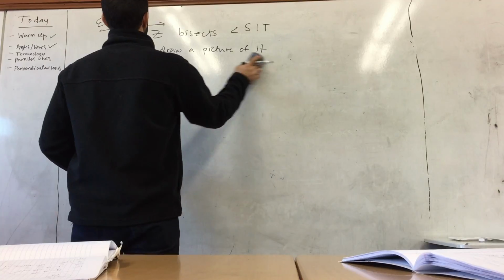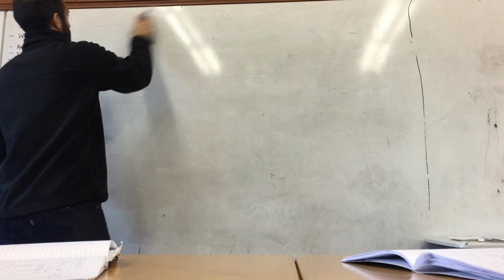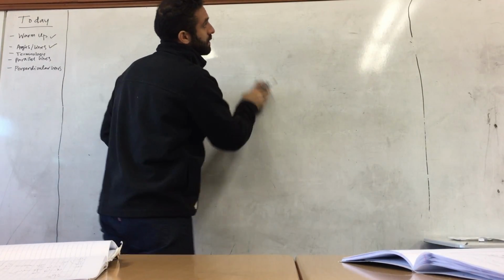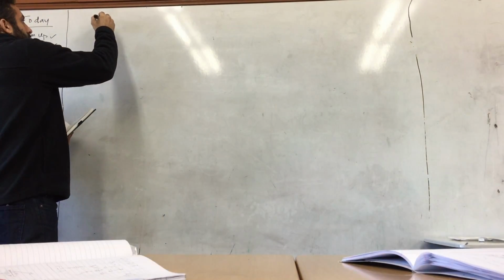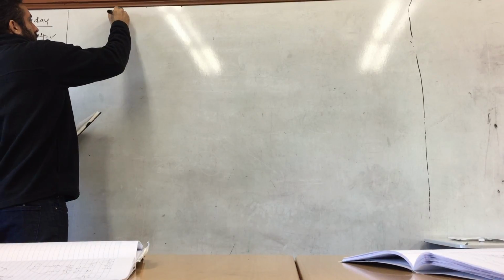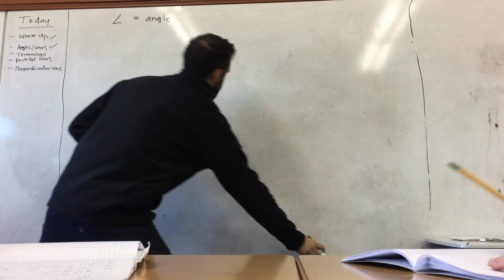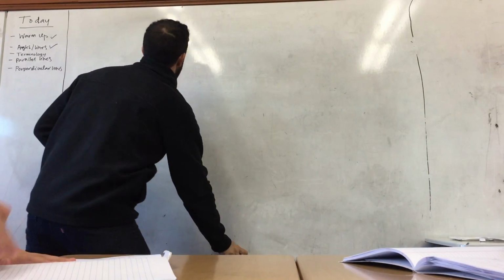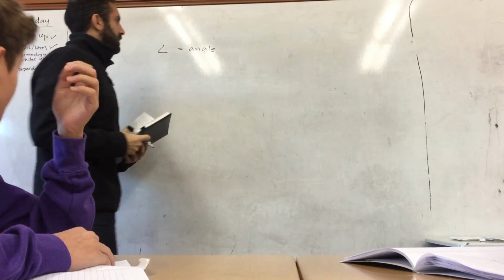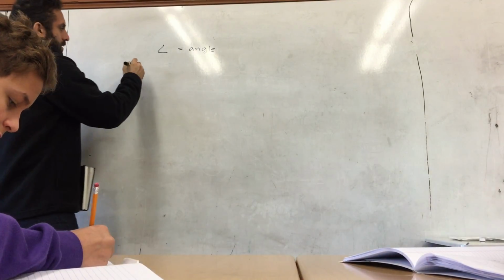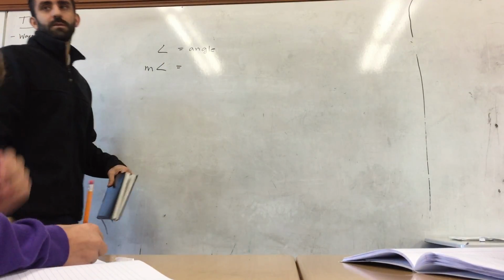I want to take a moment to define some terms that you guys are going to need, and then we can get into some more problems. This symbol means angle. When there's an M in front of it, what does that mean?